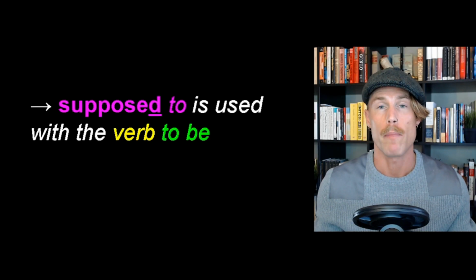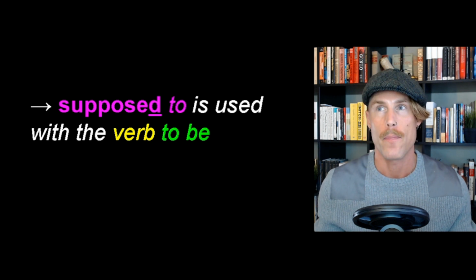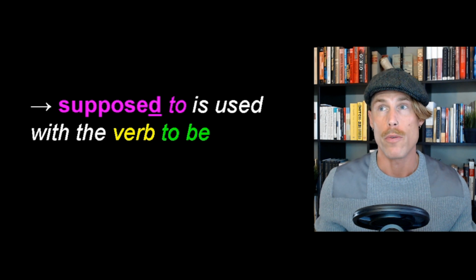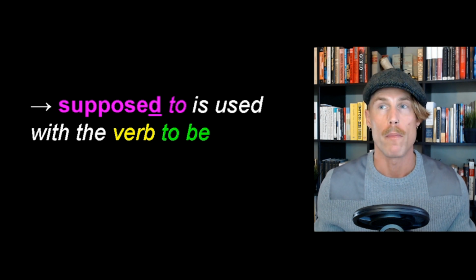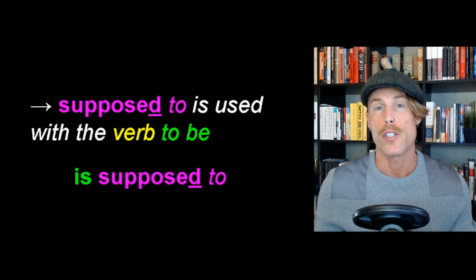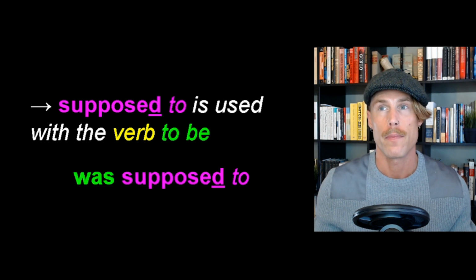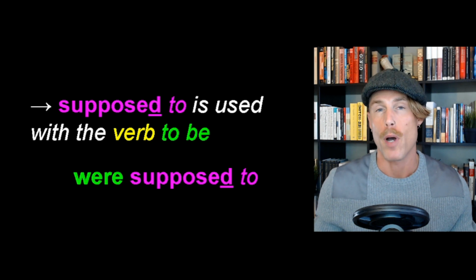Now let's talk about supposed to with a D. Supposed to is used with the verb to be: supposed to, is supposed to, are supposed to, was supposed to, were supposed to.